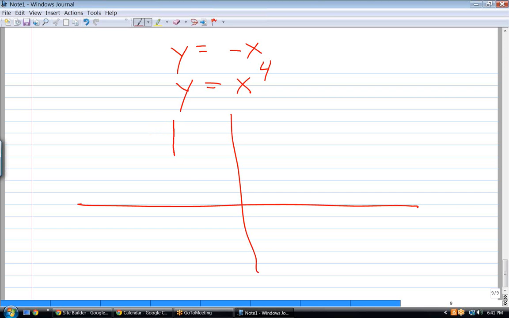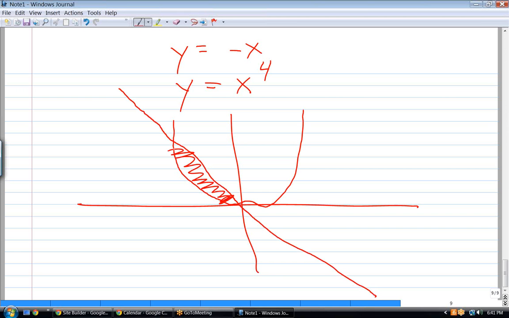I'd imagine x to the 4th. Well, let's take a look. What does x to the 4th look like? Something like this. And what does y equal negative x look like? Something like that. So they want this area right here, presumably.